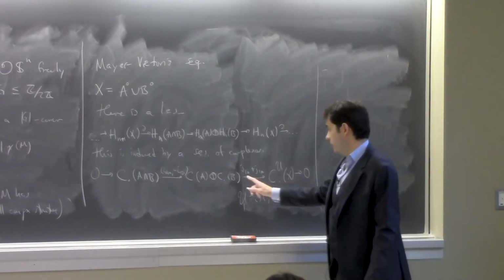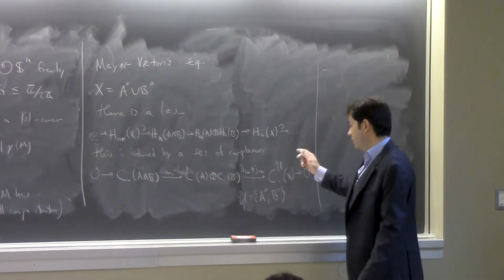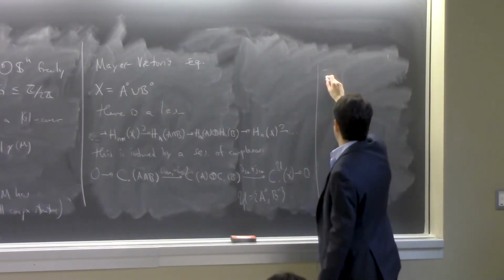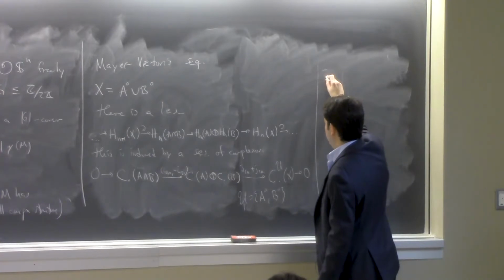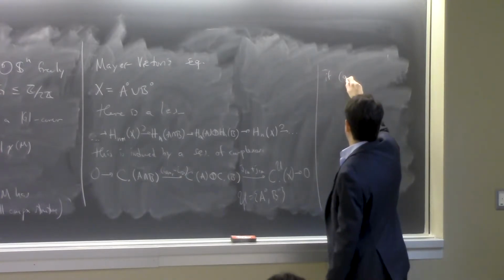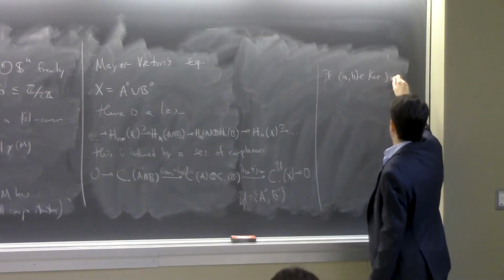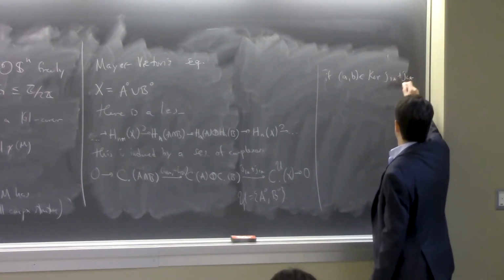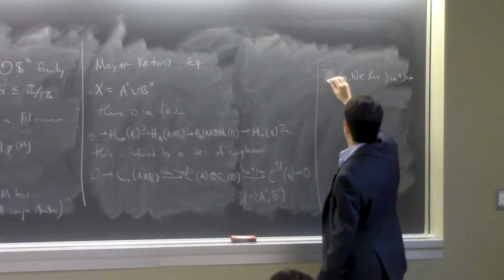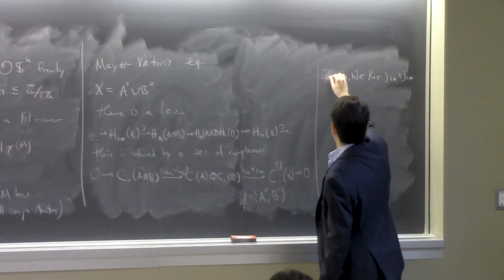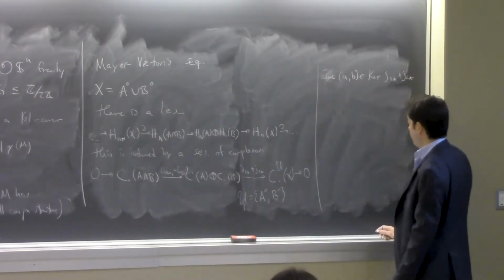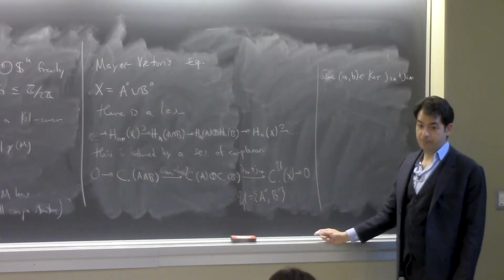We already talked about how the composition is 0. So really the only thing we have to check is that if you have something in the kernel, let's assume this is in the kernel, and we want to see that it comes from the image.